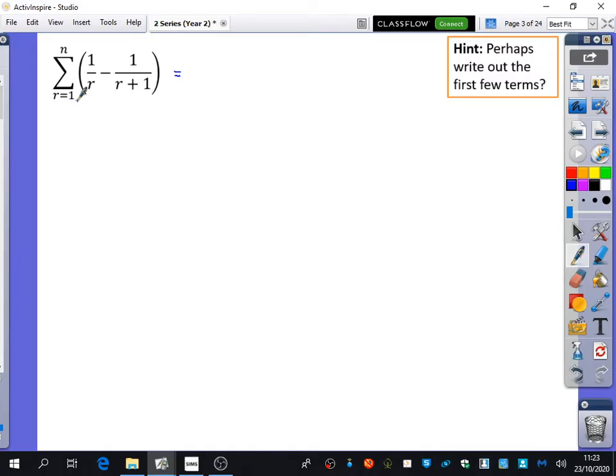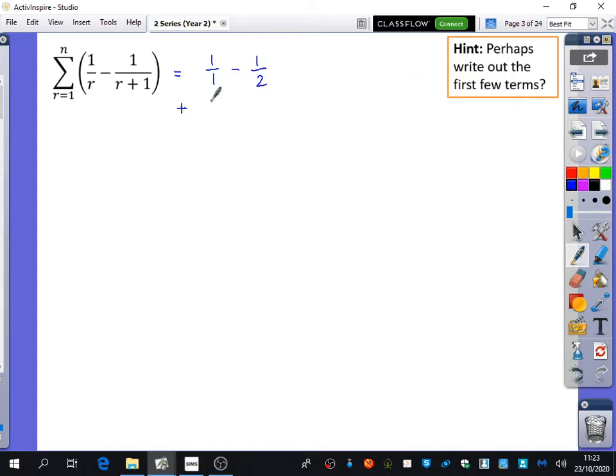Yeah? So I'm going to just start substituting in some numbers. I'm going to start off by substituting in r equals 1, which would give me 1 over 1 minus 1 over 2. Then I'm going to substitute in r equals 2. And I like to write it on the next line, and you'll see why I like to write it on the next line in the future, okay? But rather than writing it in a long list, I just like to write it underneath.